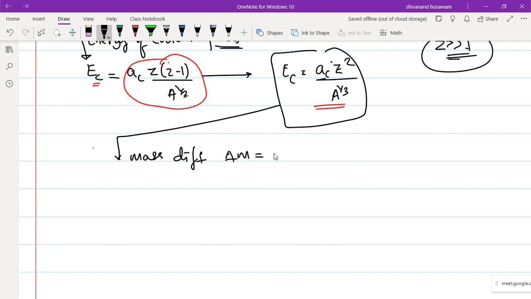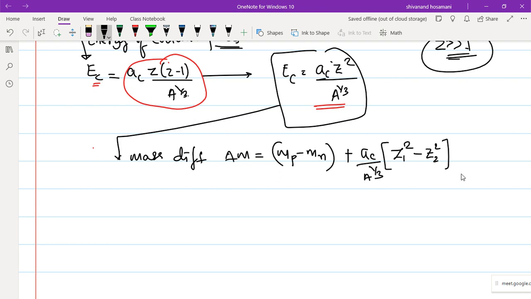Delta m now becomes Mp minus Mn plus AC times A to the power of 1 by 3, where for the two nuclei we get Z1 square minus Z2 square, because we are going to take the difference. All other terms other than Coulomb forces cancel out each other, but this term remains like this.